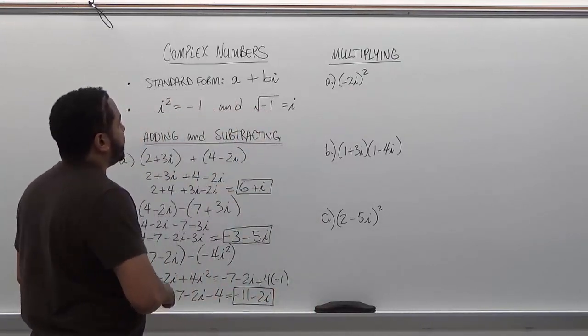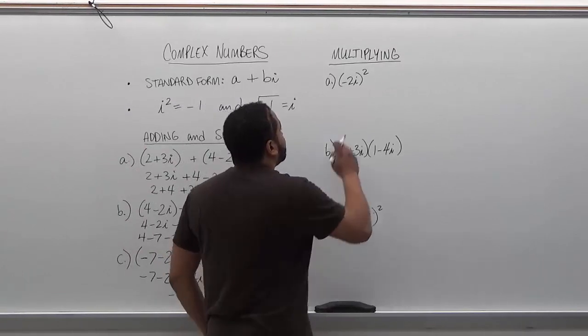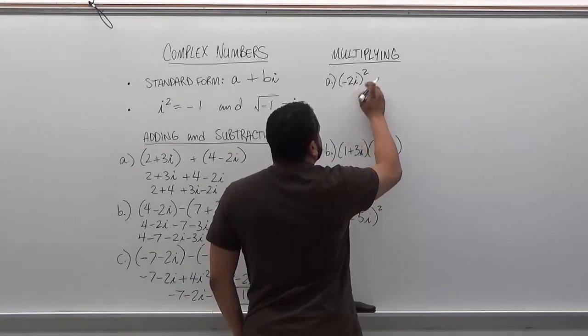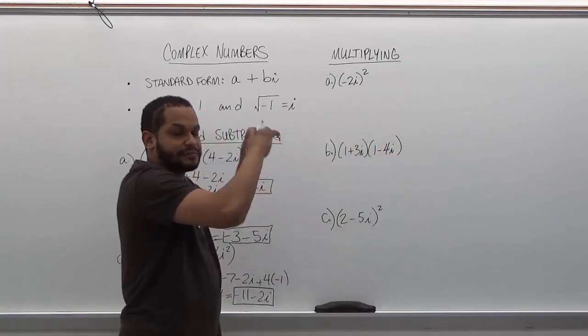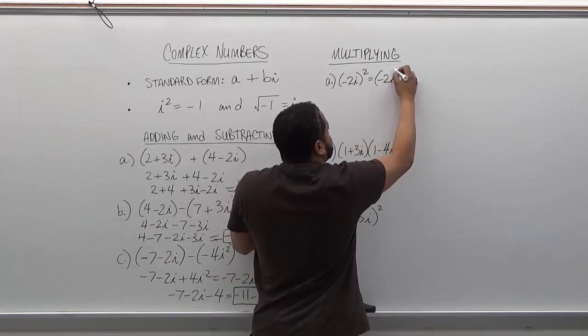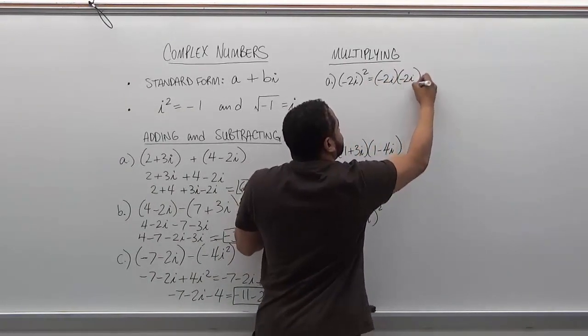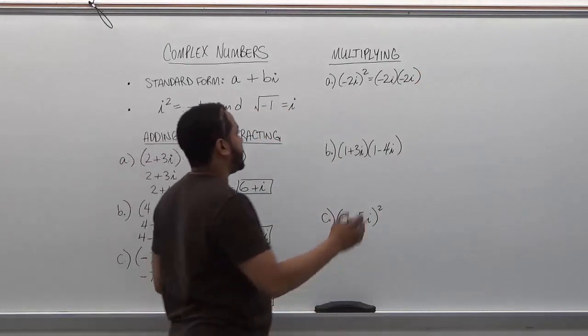Now here we have for A, we have -2i in parentheses being squared. And whenever we see something like this, what we want to consider is that everything inside the parentheses is being expanded, and it's becoming 2 of them. So here we have -2i times -2i. And the first thing that happens in this case is a negative times a negative gives us a positive, right?